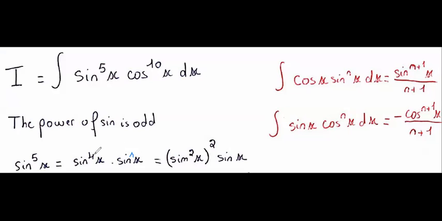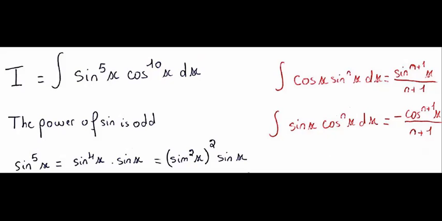And sine to the power 4 is sine squared times sine squared. We didn't keep it as sine to the power 4, because next to sine to the power 1, I need cosine to another power.